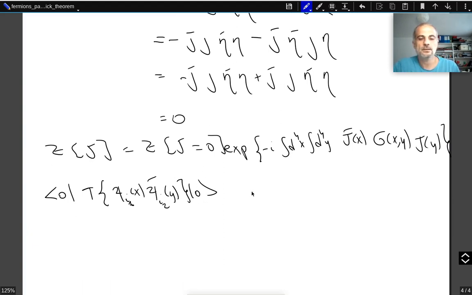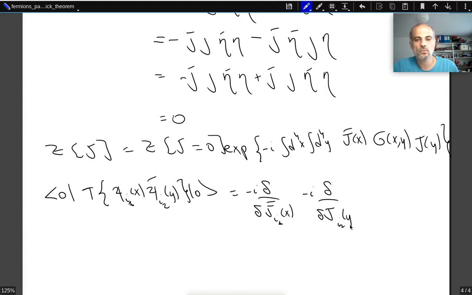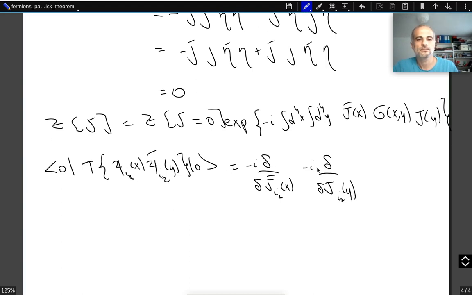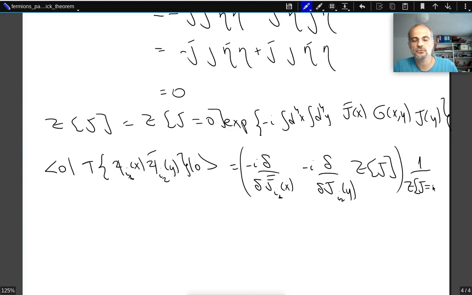And at the same time, this is minus derivative with respect to j bar I1 at x, and minus I functional derivative with respect to j of I2 of y of z of j over z at j equal to 0.